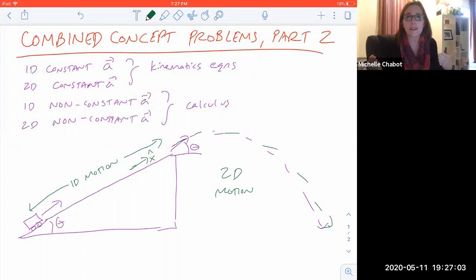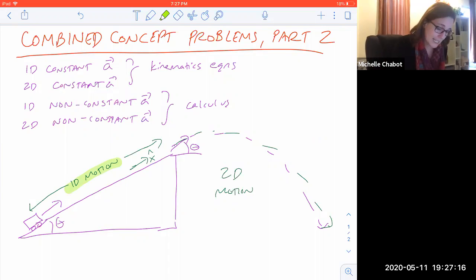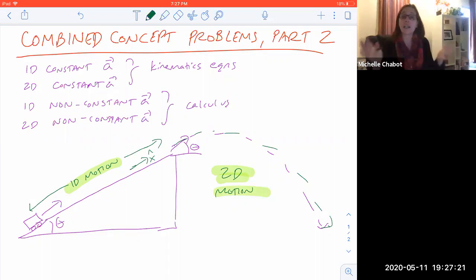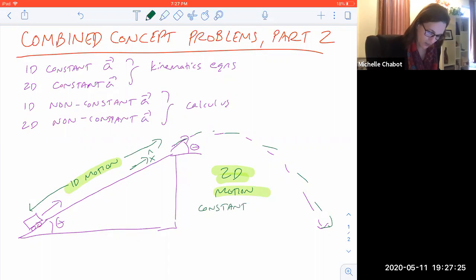Maybe it's constant acceleration on the ramp. Maybe the person's hitting the gas pedal and it's speeding up. You'll have to read whether this on the ramp is constant or non-constant acceleration and then apply the appropriate things. In the air, this 2D motion, assuming that it's neglecting air resistance, this would be our constant acceleration.